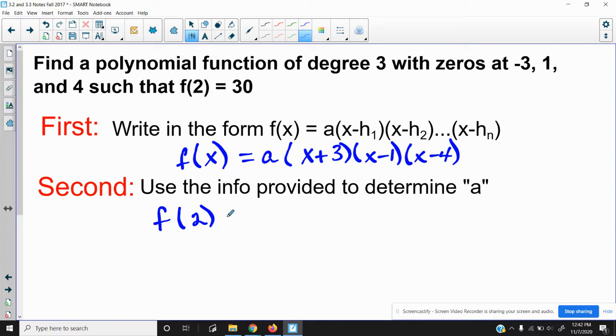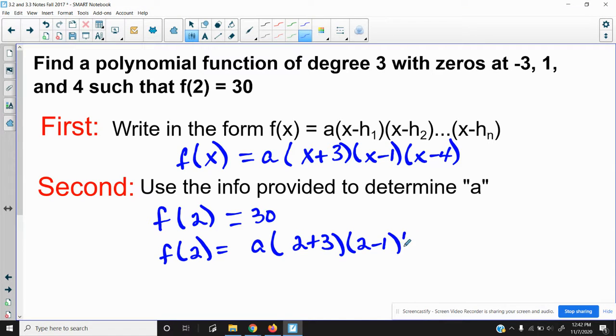So I know that f of 2 is equal to 30, but I also know that f of 2 is equal to a times 2 plus 3 times 2 minus 1 times 2 minus 4. So a little substitution here. 30 is equal to a times 5 times 1 times negative 2.